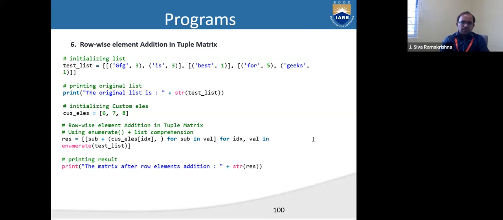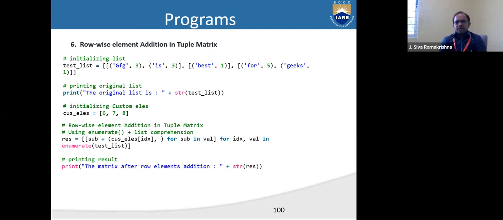So this is a matrix. See here, GFG comma 3 comma 3, and another one, best comma 1 comma 5. Here you want to perform row-wise element addition in tuple matrix.